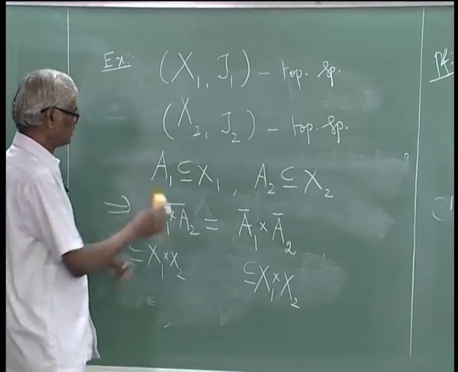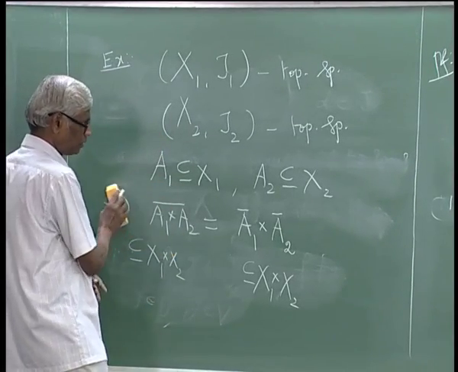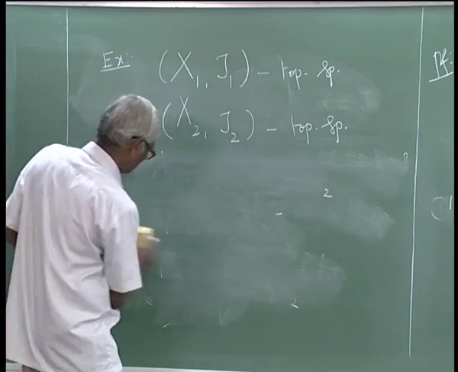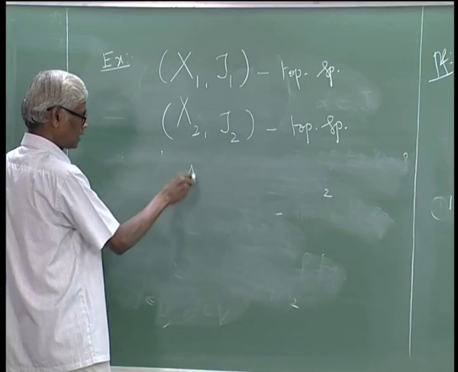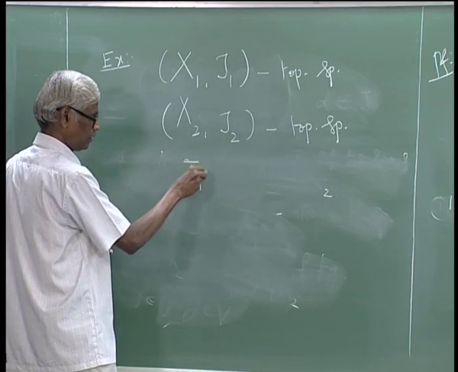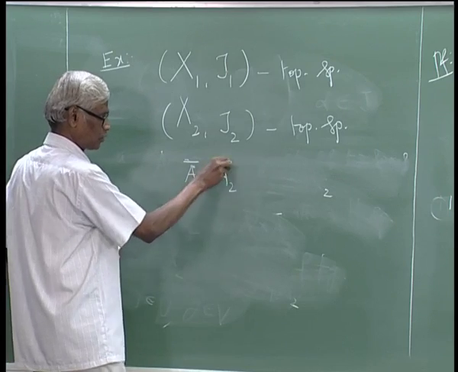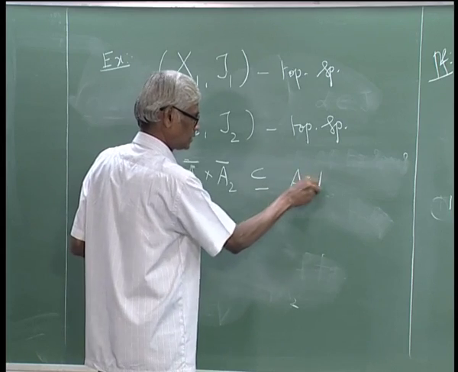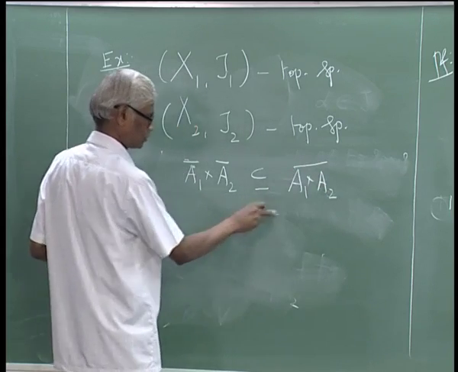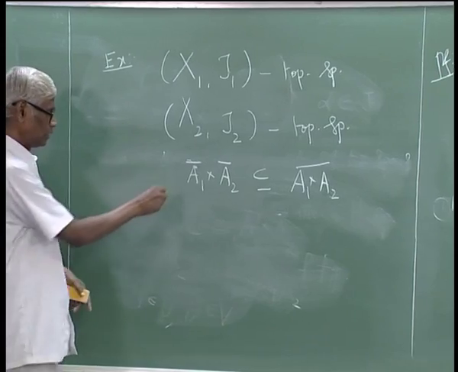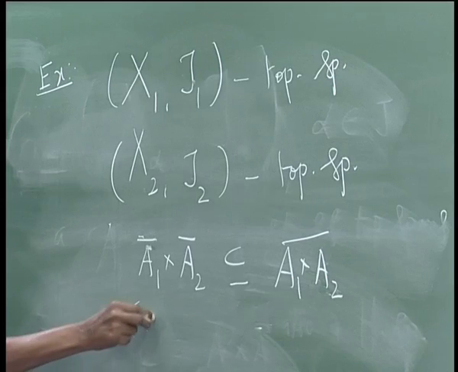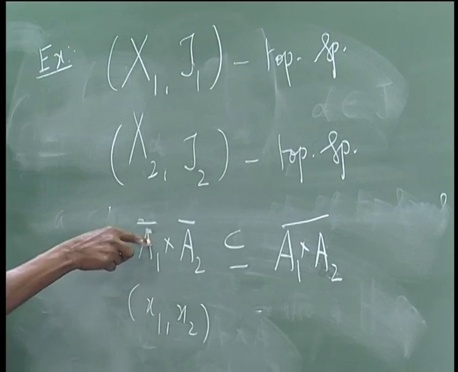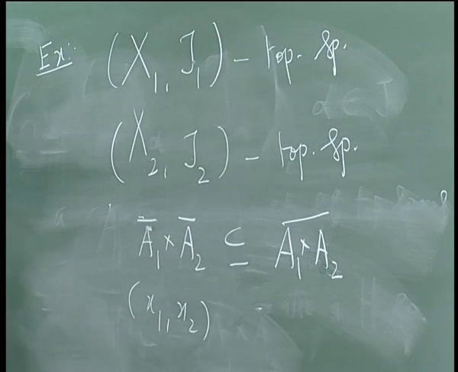So, exactly in a similar way, next we have to prove that A1 closure cross A2 closure is a subset of A1 cross A2 the whole closure. Now, take an element, say the ordered pair (x1, x2), in the left hand side, that means x1 is in A1 closure, x2 is in A2 closure.